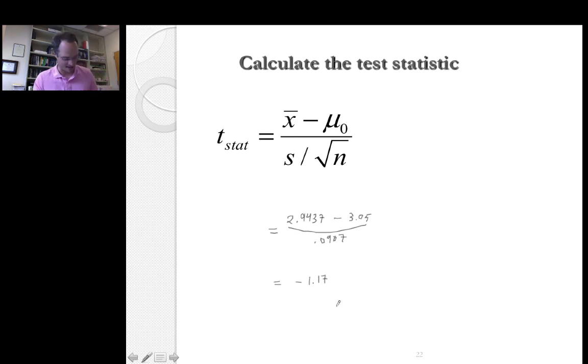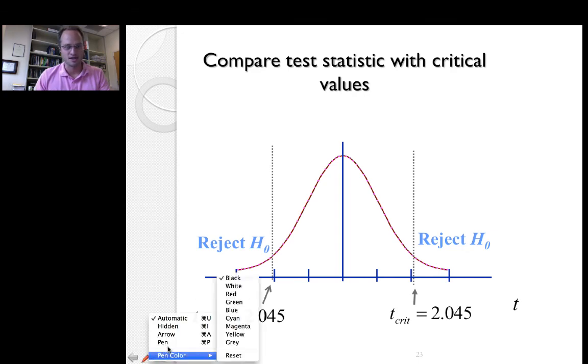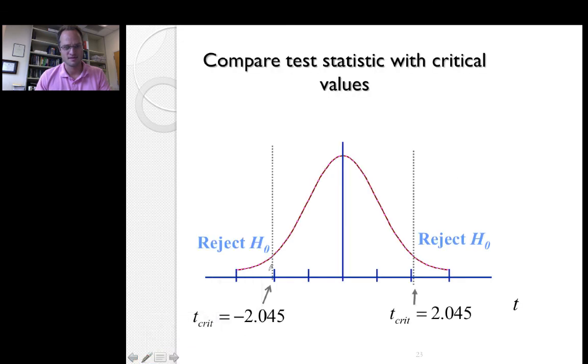So the sample mean is 1.17 standard errors below 3.05. And is that far enough away for us to reject the null hypothesis? Well, the answer is no. Here, my rejection region is here and here, and my test statistic, negative 1.17, is right here.